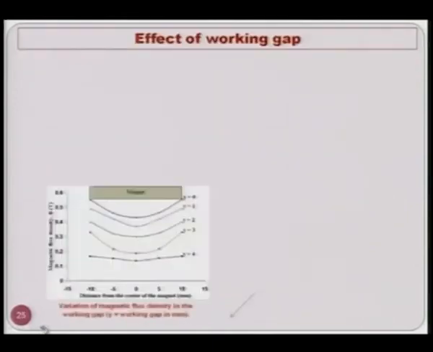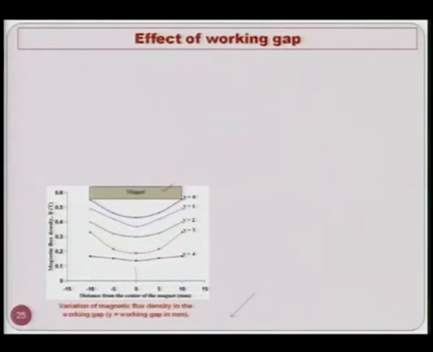Now, the effect of working gap is a very important parameter. As you can see in this figure, here is the magnet, and on the abscissa you can see the distance from the center of the magnet: left hand side minus 5, minus 10 and so on, the right side plus 5, plus 10 and so on, and on the ordinate you will find magnetic flux density.